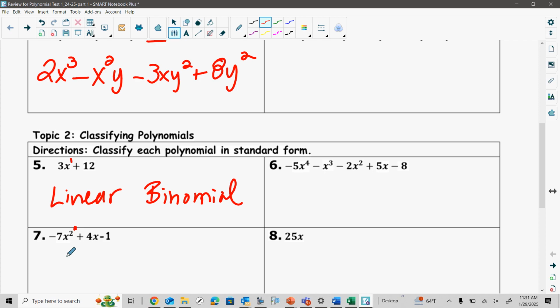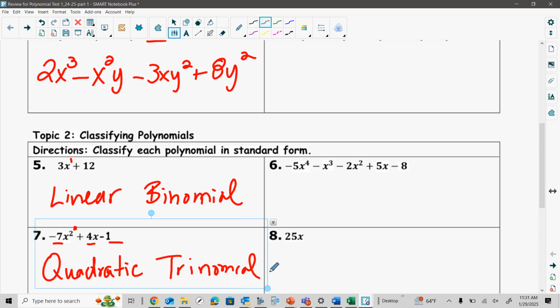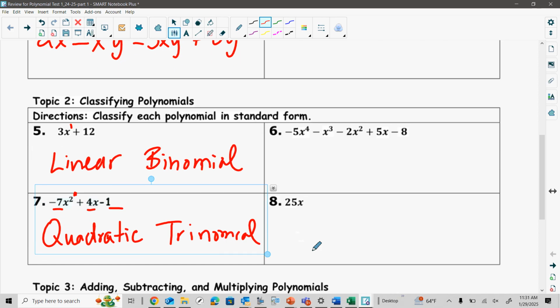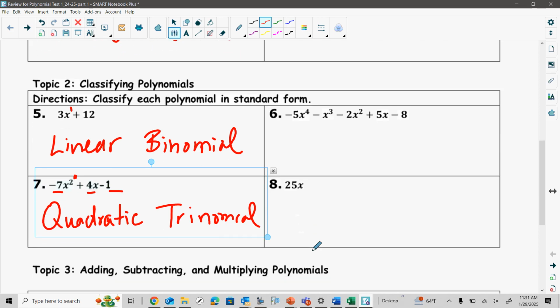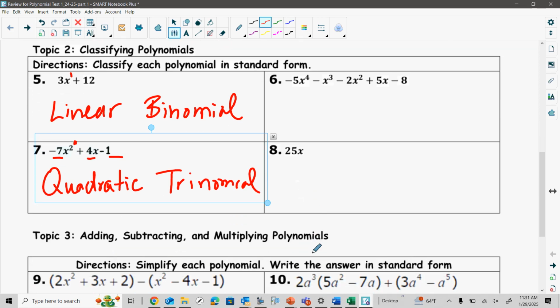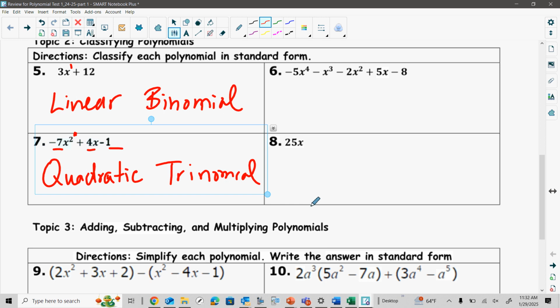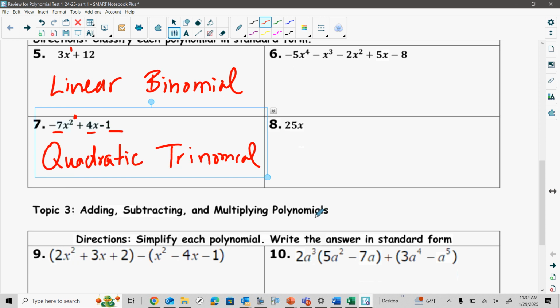Here we have a degree of 2, that's called a quadratic. There's 1, 2, 3 terms, so that's a trinomial. Okay. So try these. You're going to really focus on the evens or the ones I didn't do. You can check it with the quizzes.